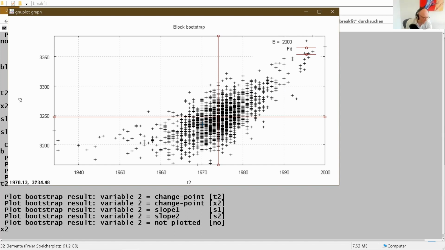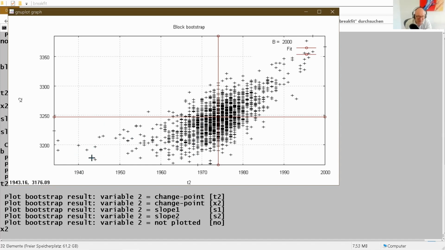Why do I report this? Well, because we learned that these uncertainty measures for the different parameters are also to some degree dependent on each other. So if T2 is pretty small, somewhere here, then you hardly observe X2 values so big.